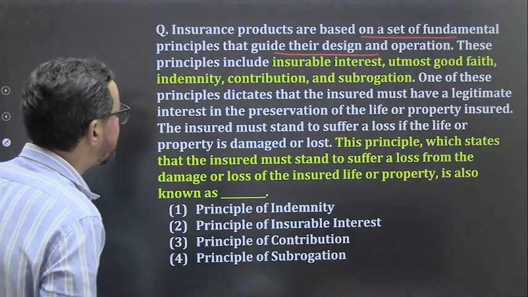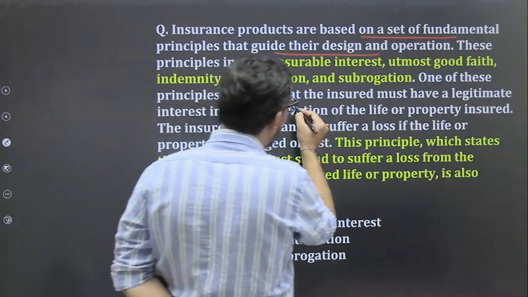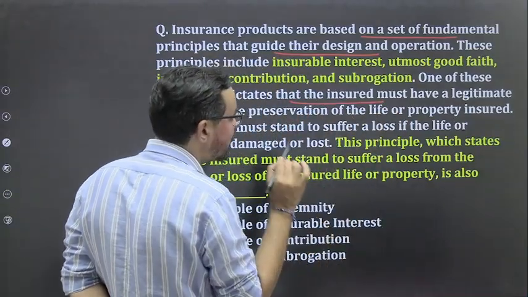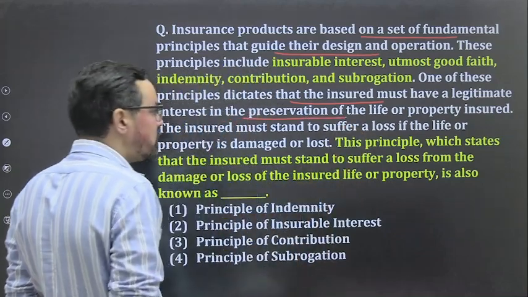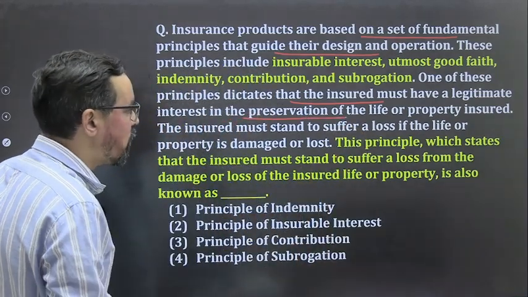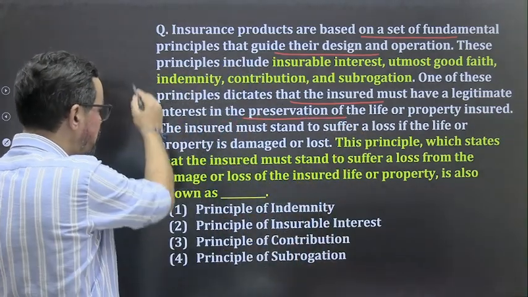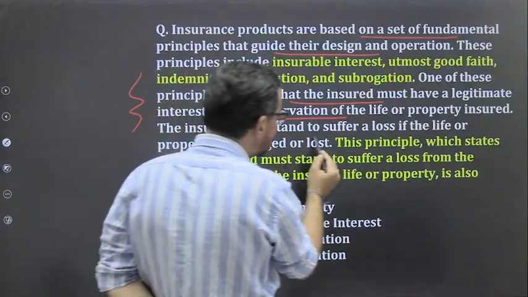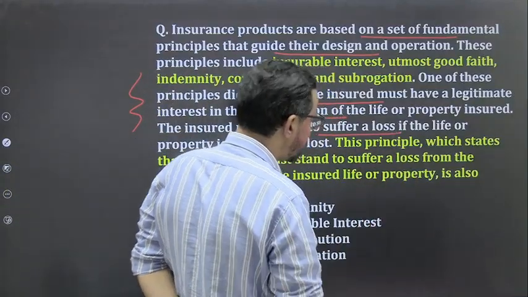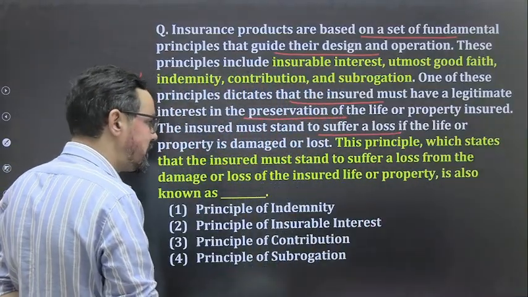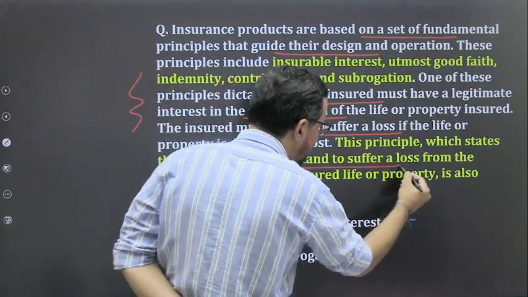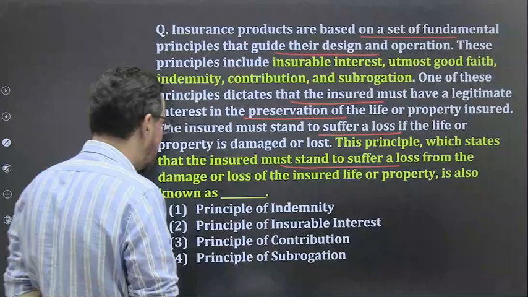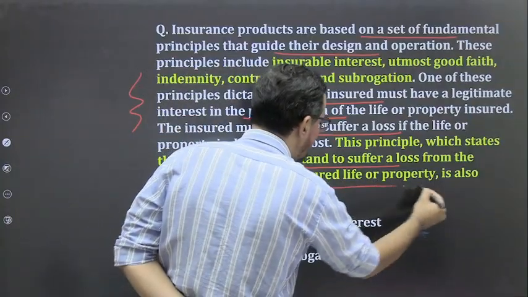One of these principles states that the insured must have a legitimate interest in the preservation of the life or property insured. The insured must stand to suffer a loss if the life or property is damaged or lost.